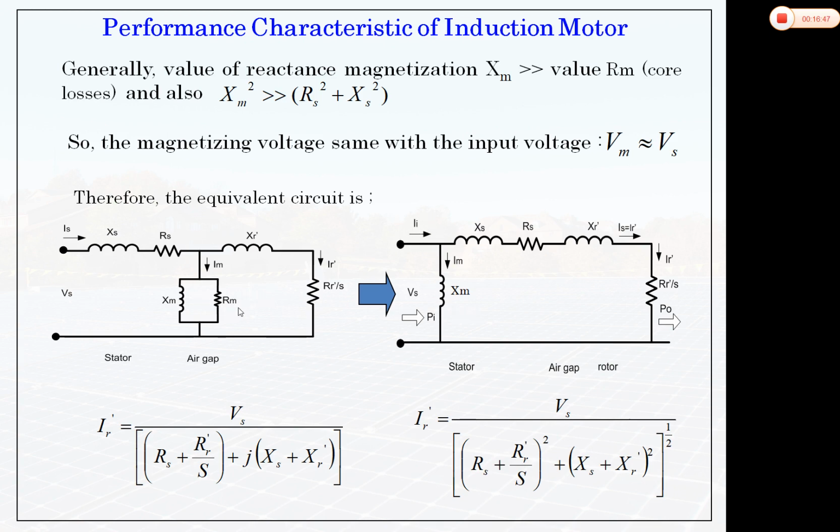Again Rm is very small in comparison to Xm. Generally the magnetization reactance Xm is very large compared to Rm, that is core losses, and Xm square is also very high compared to this component. So we can shift this to this side.